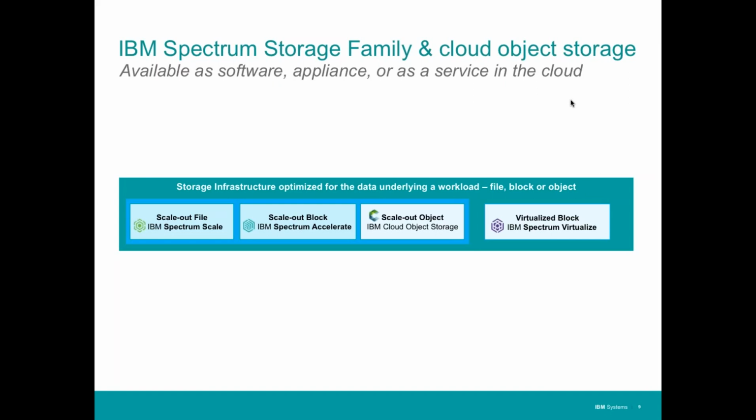And that's our answer for virtualized storage. It not only virtualizes any of the IBM storage, but also it can virtualize heterogeneous storage, right? So you could plug in non-IBM storage underneath it, and it will virtualize that. So this is the foundation of IBM software-defined storage: Spectrum Scale, Spectrum Accelerate, Cloud Object Storage, and Spectrum Virtualize.